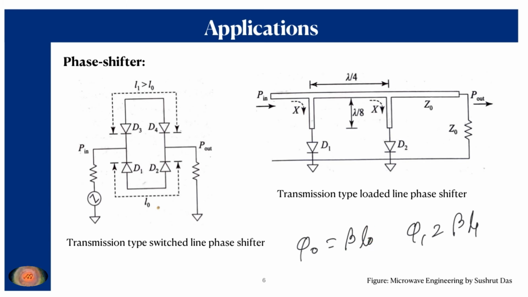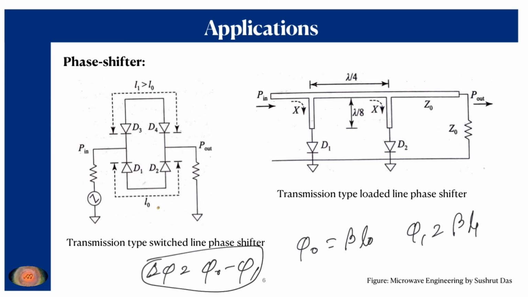So by changing the biasing of this pin diode, or these four pin diodes in this case, you can introduce a phase difference delta phi, which you can write as phi naught minus phi 1. This is applicable for the transmission type switched line phase shifter.